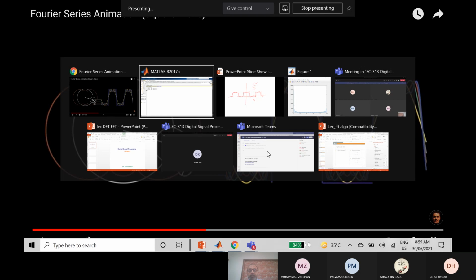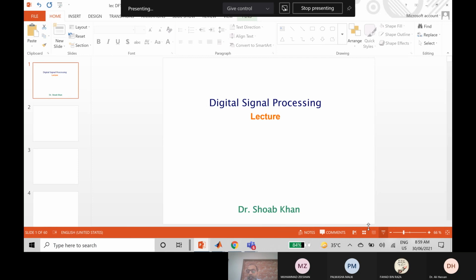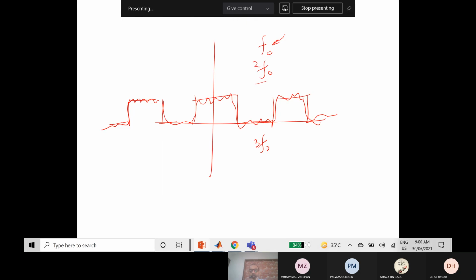So discrete Fourier series is even more interesting because you don't need to add infinite many cosines, as you can only have a finite number of these cosines or exponentials.